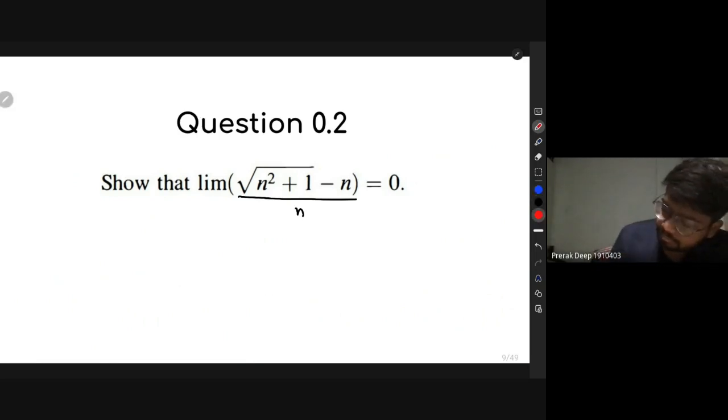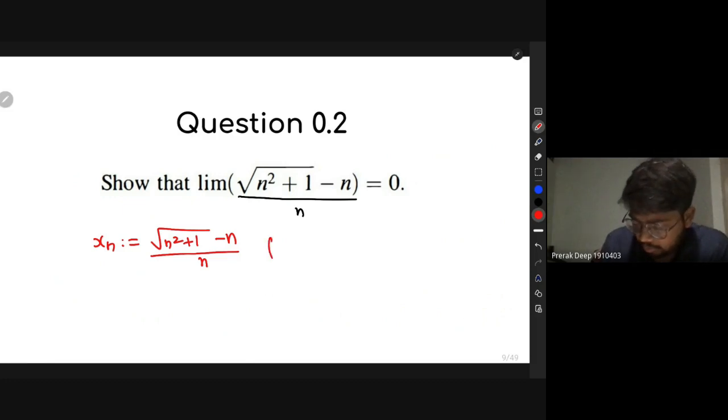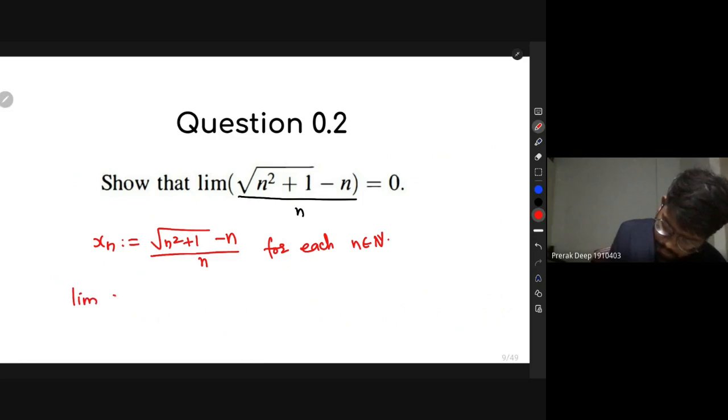Because you can define your sequence to be this, for each n in the natural numbers. This is how you can define your sequence. And what do we mean by the limit of xn?